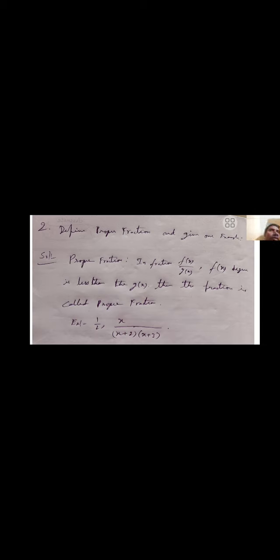F of x means the expression of the function in x. To separate numerator and denominator, we are expressing with f of x and g of x. Both are expressions of x.